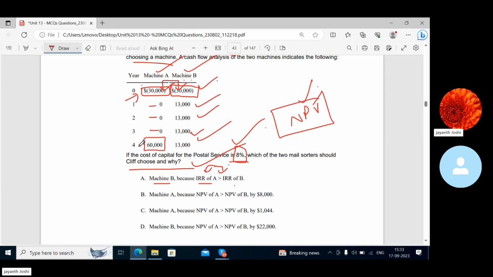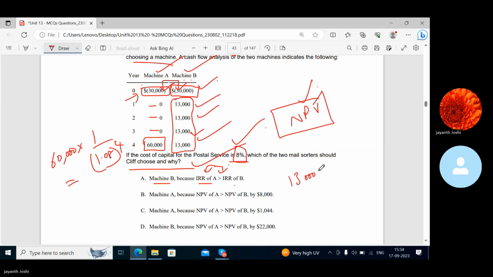So here we have the cash flow in the fourth year: 60,000 into 1 by 1.08 whole power 4. Please tell me what's the answer. And here, since these are four similar cash flows every year, can we use the present value of annuity? Yes, sir. 13,000 into the present value of annuity factor at the rate of 8% for 4 years.